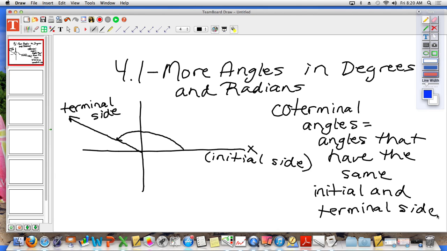So a coterminal angle is an angle that has the same starting point and the same finishing point.